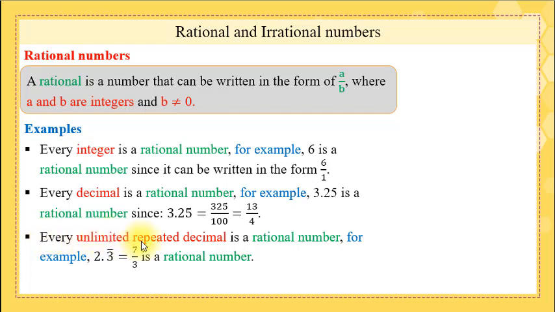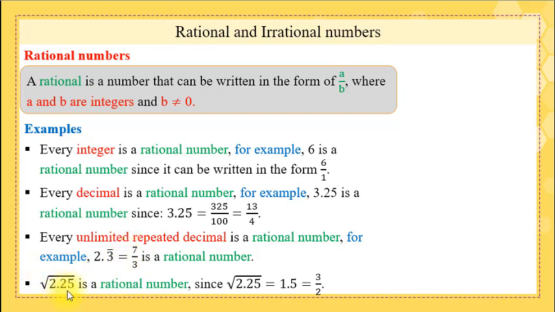And every unlimited repeated decimal is also a rational number. For example, 2.3 bar: if we use a calculator and divide 7 over 3, we will get 2.33333 unlimited, which is 2.3 bar. And this is a rational number because we can write it in the form of a fraction.